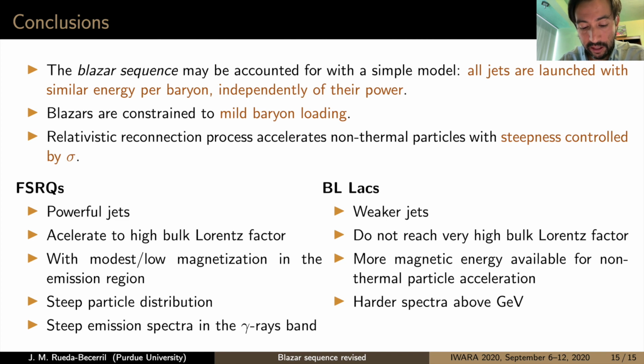FSRQs have modest to low magnetizations in their emission region, while BL Lacs actually have a very large budget of energy available for accelerating non-thermal particles. This is in contrast with FSRQs, which have a very steep particle distribution. FSRQs show a steep emission spectrum in the gamma ray band, while BL Lacs show a harder spectrum above GeV. Thank you very much.